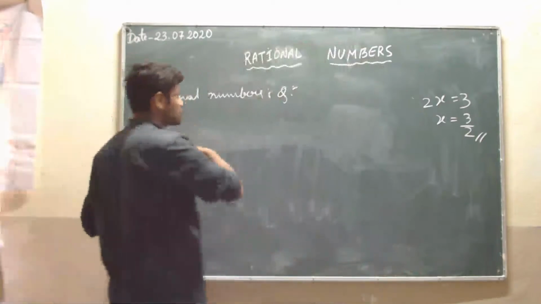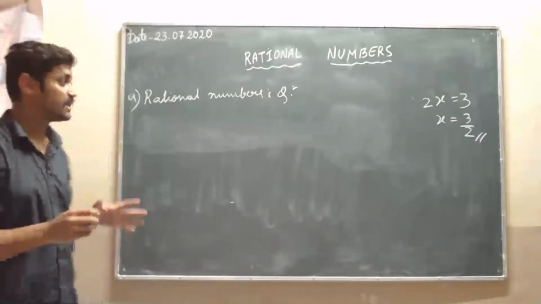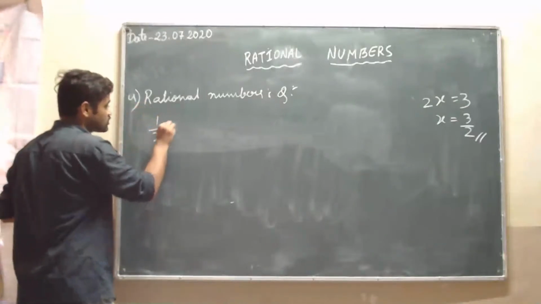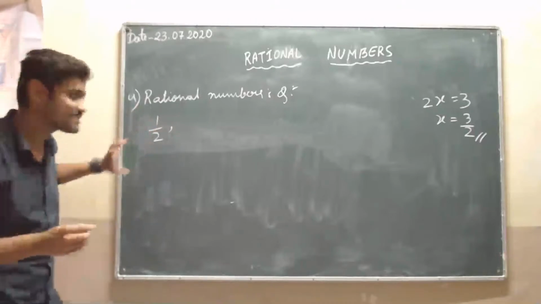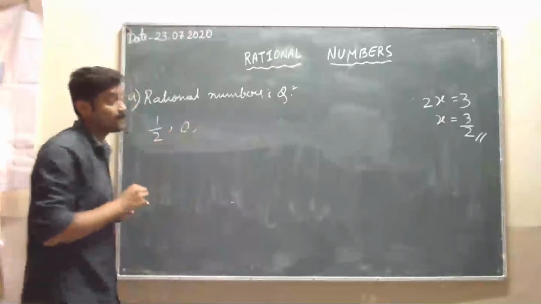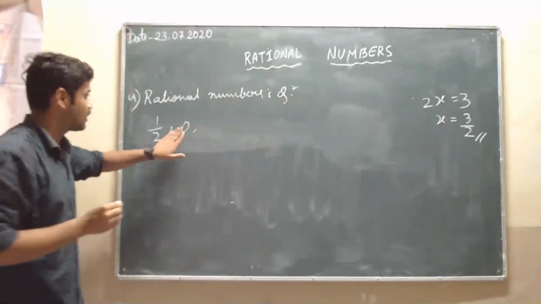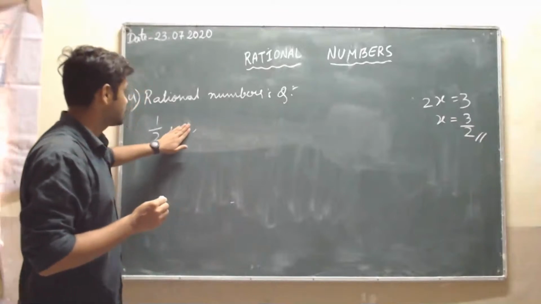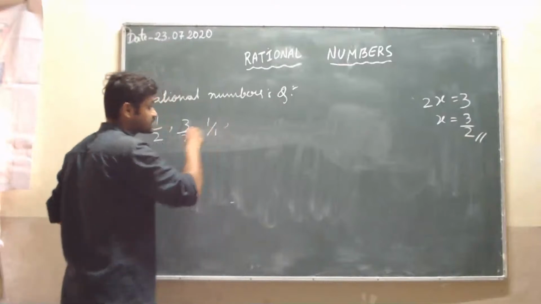It includes negative numbers and positive numbers as well as 0. I will give an example: 1 by 2 is also a rational number because it is in a fraction. Then 0 is also a rational number. Afterwards I will explain about 0. Then 3 by 2 and 1 by 1 are also rational numbers.